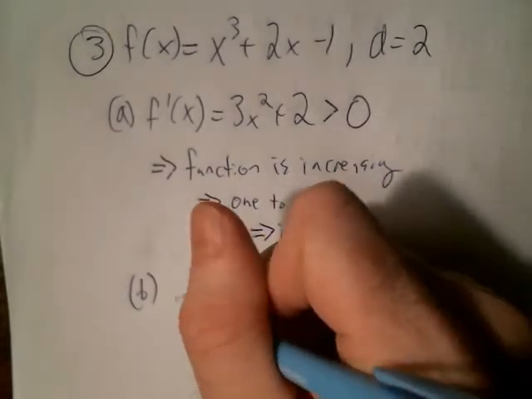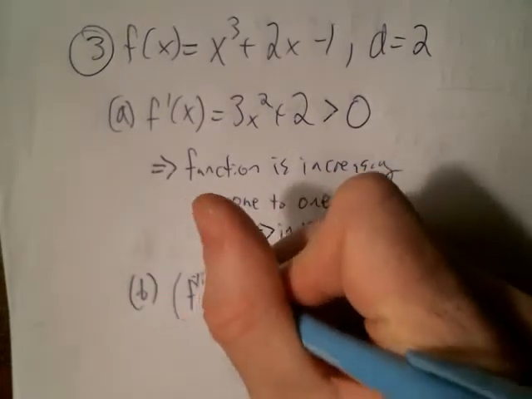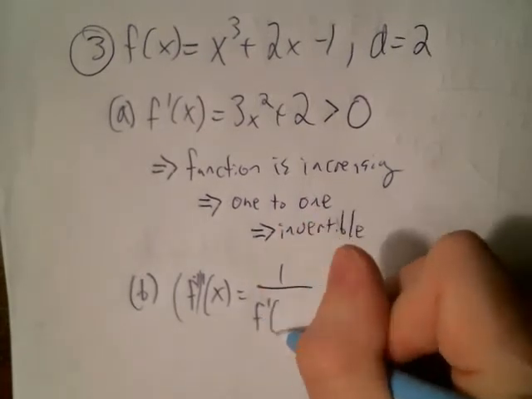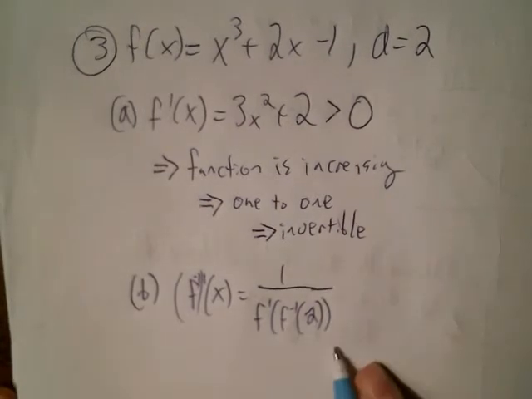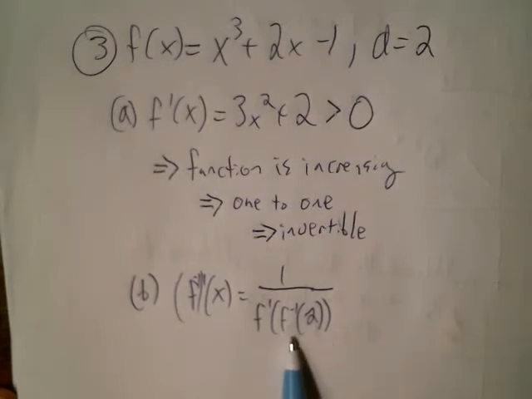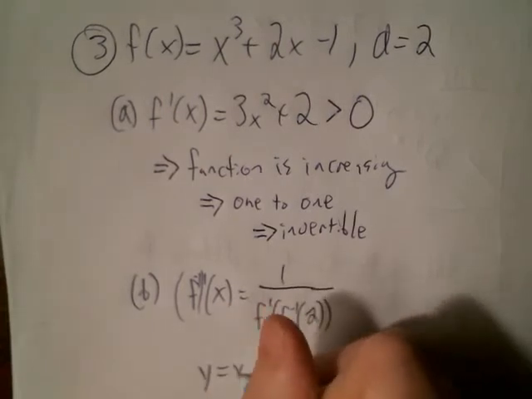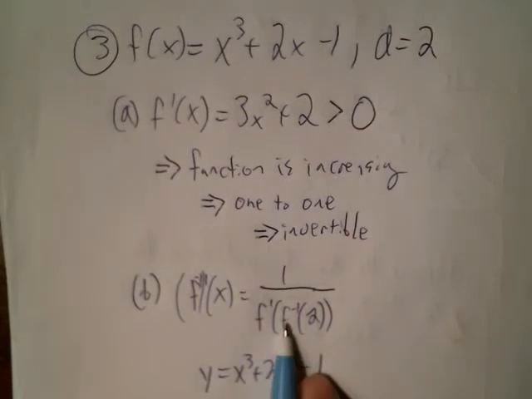So recall our formula for the derivative of the inverse: that'll be 1 all over f prime of f inverse of, in this case, the number 2. Okay? So in particular, if y equals x cubed plus 2x minus 1, this is actually asking for what value of x is y equal to 2.